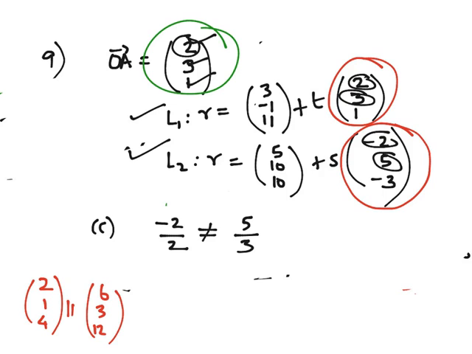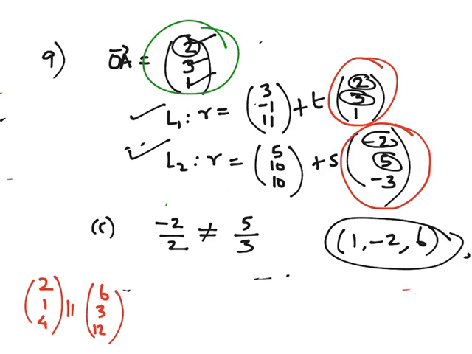But the important thing is, suppose you get this answer, let's say 1, minus 2 and 6, as the point of intersection. If you leave it there, you are going to lose 1 mark, students, because if you read the question properly, it is mentioned: find the position vector of P. They're not asking you to find the coordinates of P. Find the position vector of P. So your answer should be 1, minus 2 and 6, provided this is the point of intersection, right? So fine, I think this sum is done.